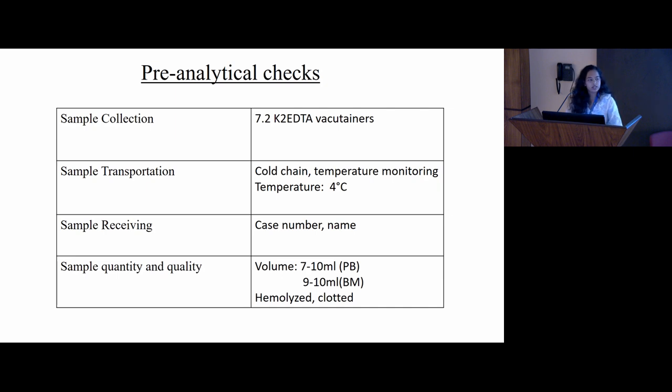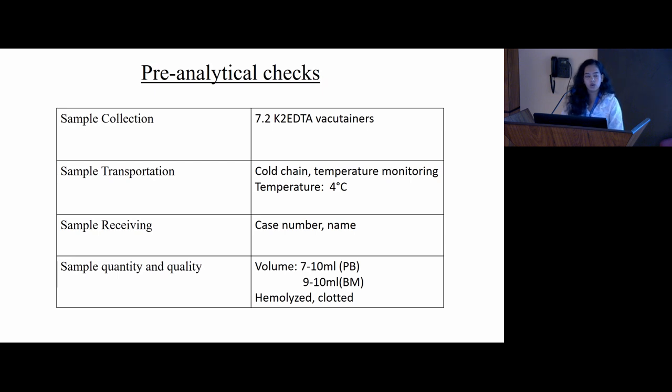So the logistics of the samples have to be carried out at 4 degrees, and temperature monitoring has to be done. When you receive the sample, there has to be a cross-check between primary and secondary labeling. No mislabeled samples should be received.